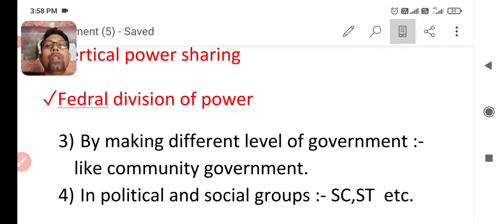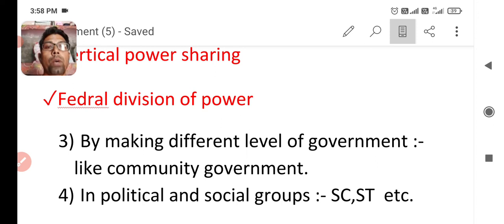Now there is a question for you: sharing of power among the different levels of government, what type of power sharing is this known as? You can say that sharing of power among the different levels of government is known as vertical power sharing, and we can also call it federal division of power.